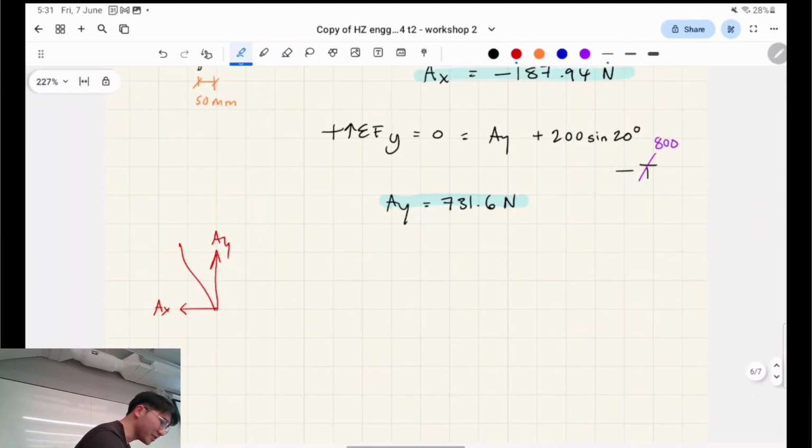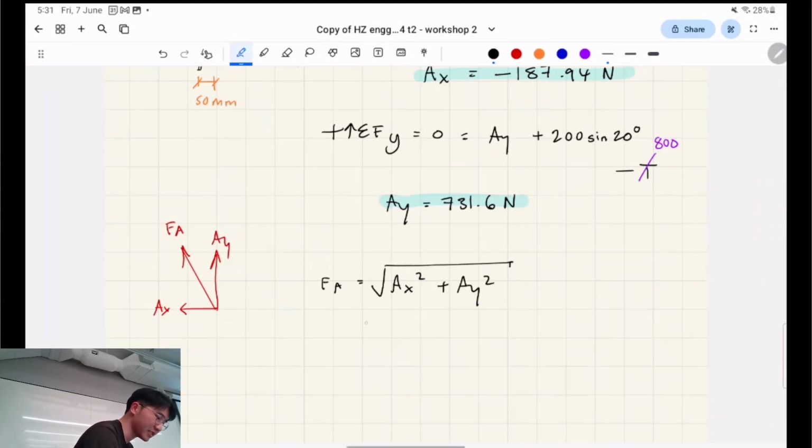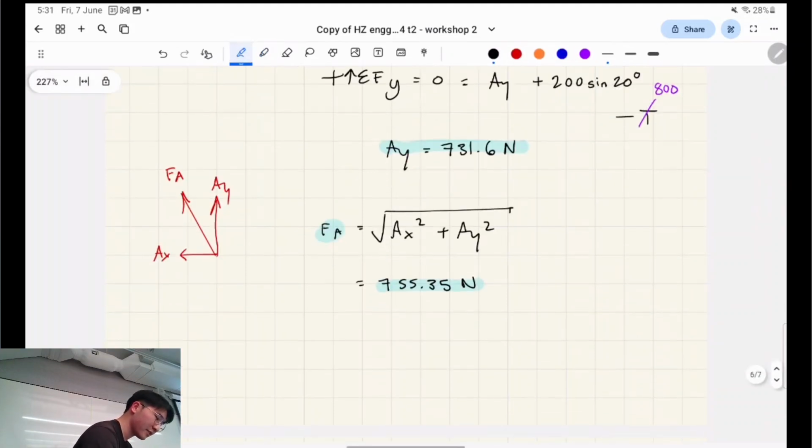And so our resultant force is going to look like this, FA, like that. So that will be FA, the square root of AX squared plus AY squared. This is the stuff from last week's workshop. But that's just the resultant diagonal force due to the reactions.